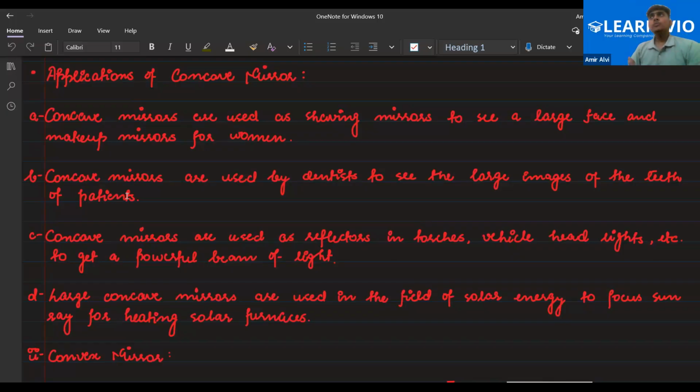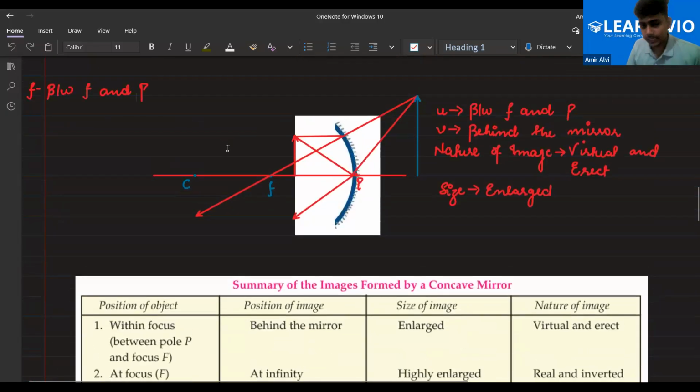First of all, Naveed, you must have seen that suppose a man is shaving his beard, right? He places the mirror very close to the face. In that case, the mirror used while shaving the beard is a concave mirror, because in the last class we discussed that when the object is placed between the focus and the pole, it will always produce a virtual and enlarged image.